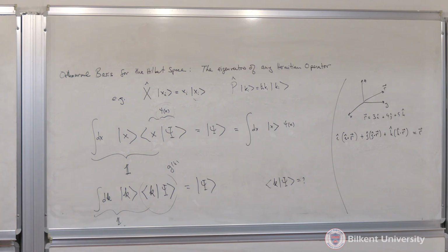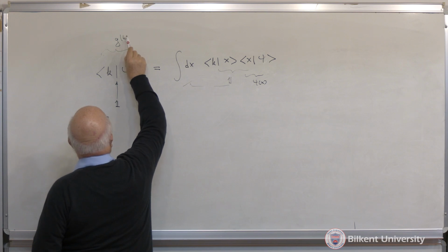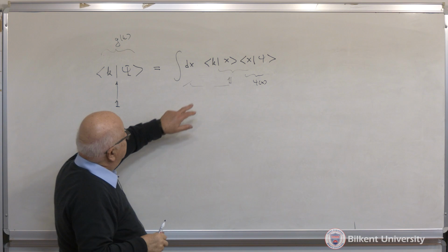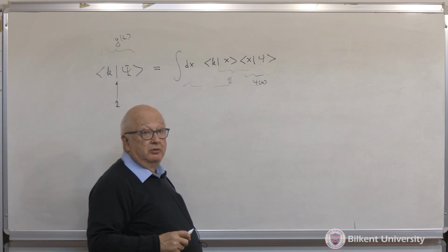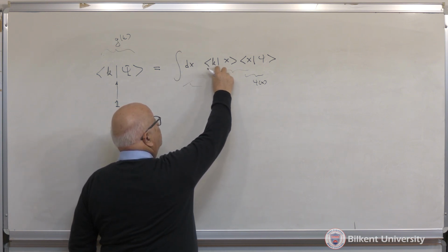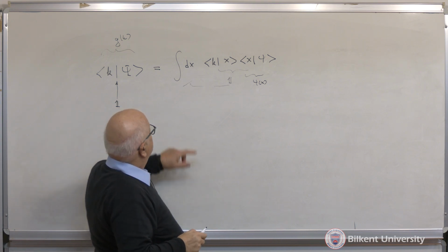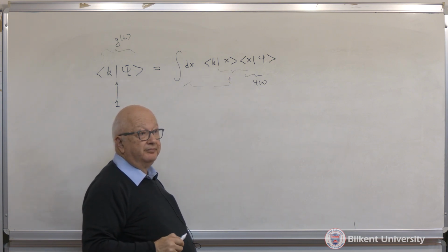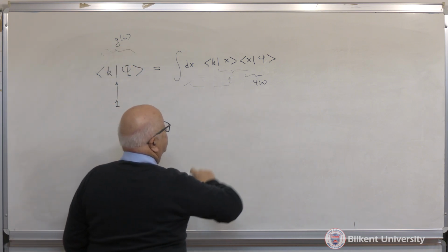If I make that identification, you see I find the relationship between the momentum and position eigenvectors. Looking at this equation, can you tell me what kx is, if this is going to give me g of k and this is psi of x?